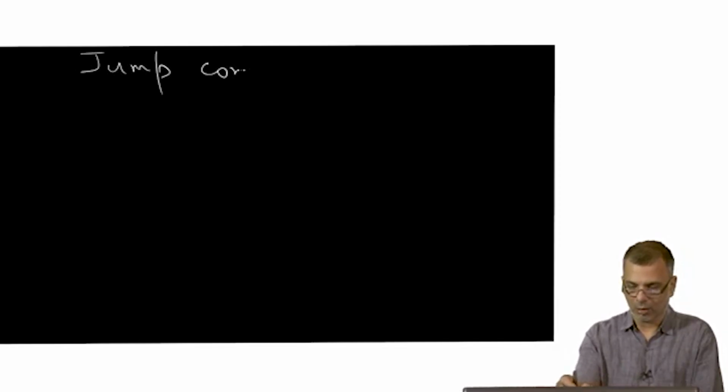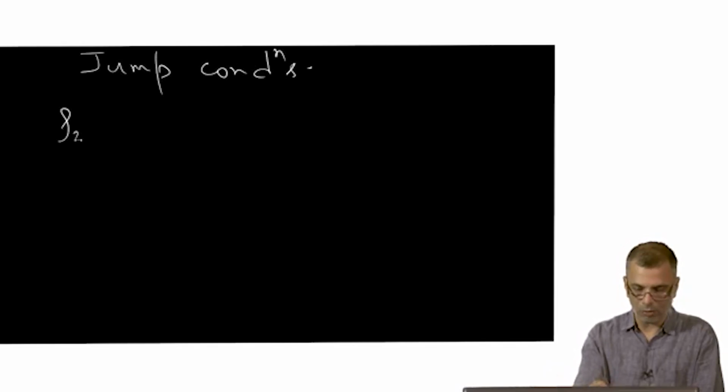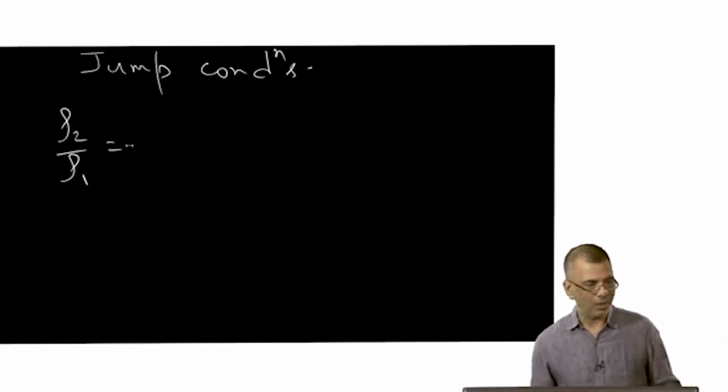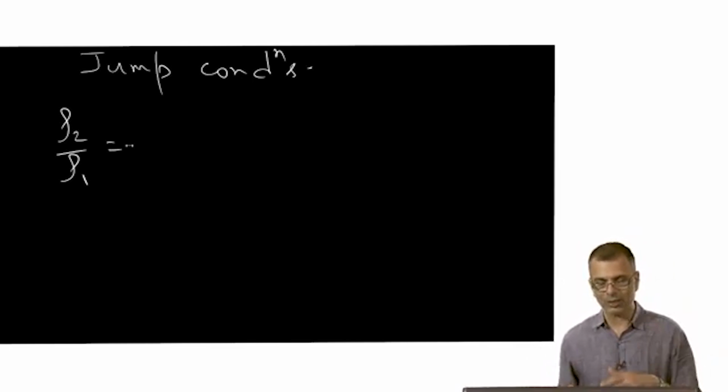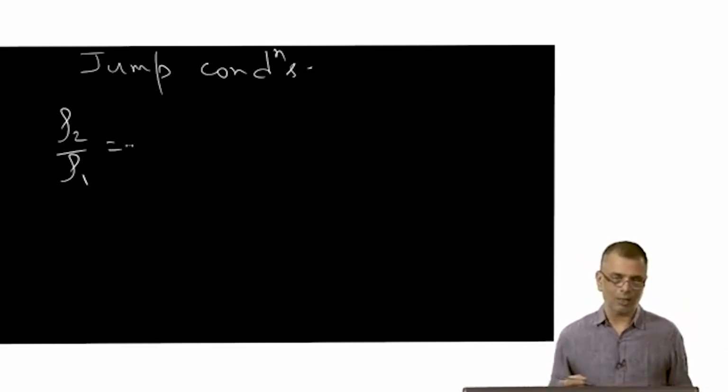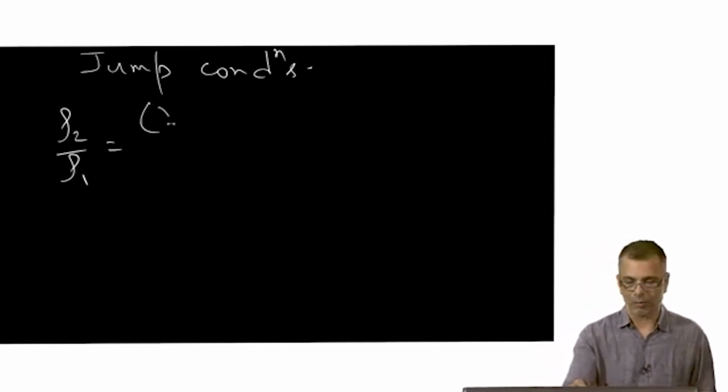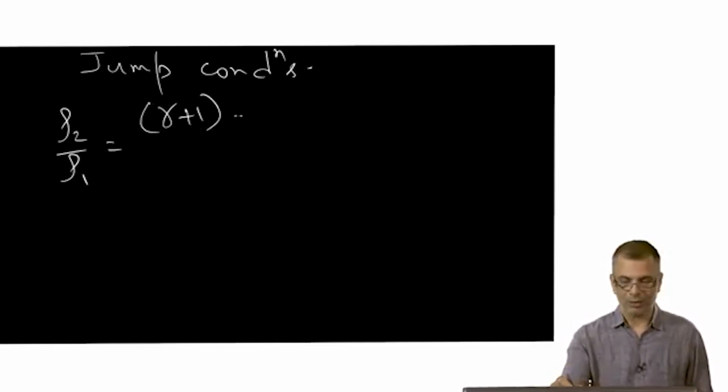The jump conditions, rho 2 over rho 1 was equal to, I will simply write this once and write one of these expressions and then leave it there. This is simply a review. I don't want to repeat everything now. This is just to make you familiar with the previous result.